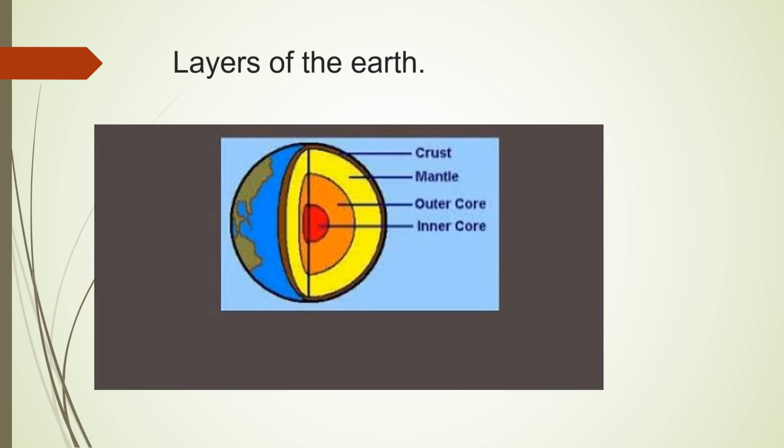So now we have these four distinct layers, of which the first one is the crust. As you can see where the crust is located, it is the outermost. And then the second one being the mantle, the third one being the outer core, and lastly we have the inner core. So in total we have four layers of the earth. So keep in mind that these are internal, these are inside the earth.